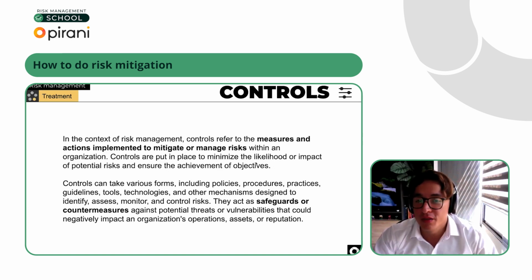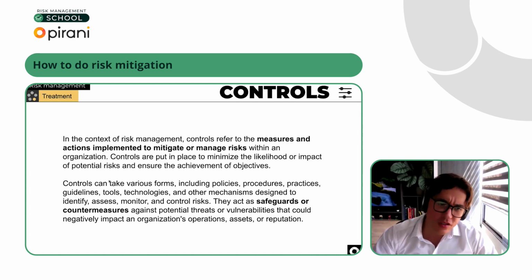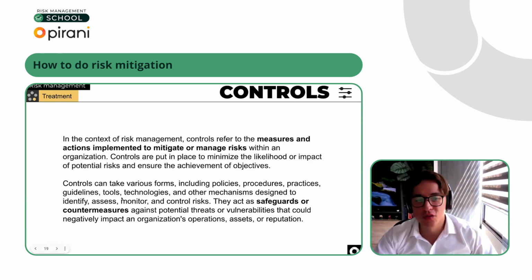Controls are put in place to minimize the likelihood or impact of potential risks and ensure the achievement of objectives. Controls can take various forms, including policies, procedures, practices, guidelines, tools, technologies, and other mechanisms designed to identify, assess, monitor, and control risks. They act as a safeguard or countermeasure against potential threats or vulnerabilities.